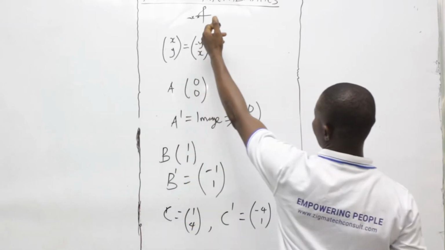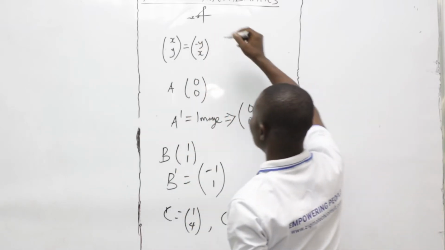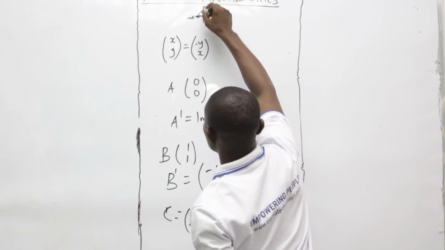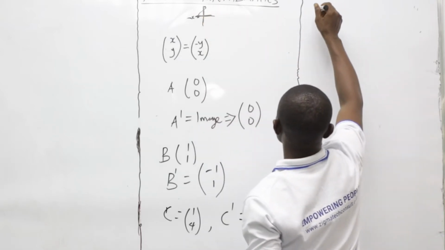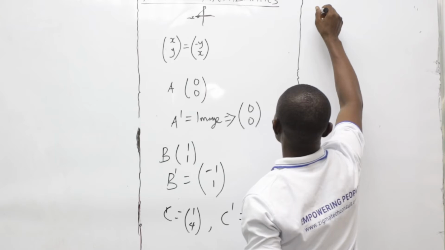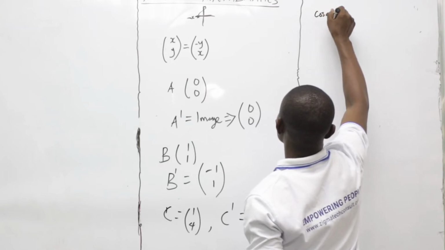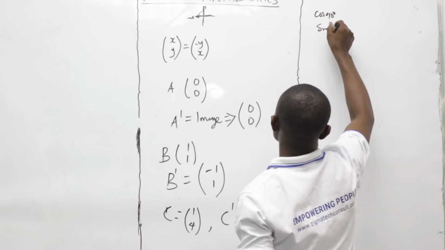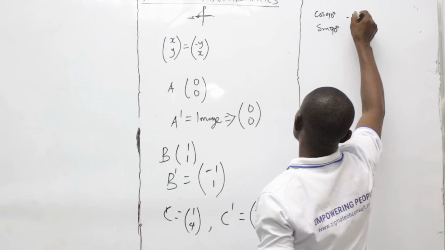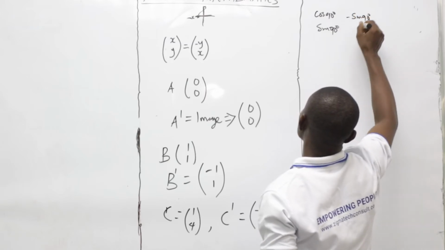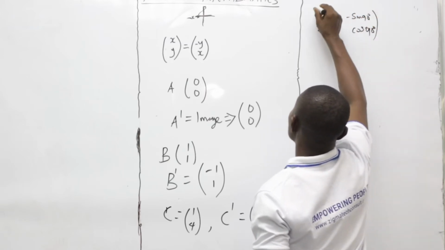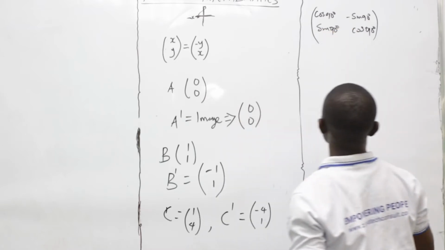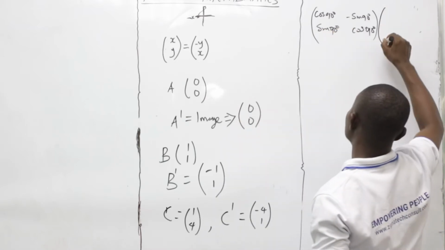This is the drawing method, or maybe the proof through rotation on the cardinal points of x and y. So using this, cos 90 degrees, minus sin 90 degrees, sin 90 degrees, cos 90 degrees, multiplying by our object. What is our object?